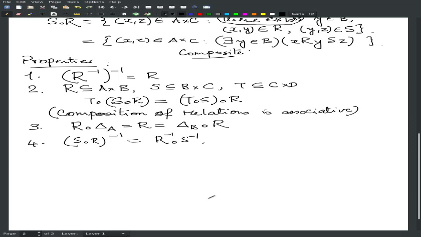How this composite relates with the union and intersection, I have listed them and I have left them for exercise. And next day when we meet, we are going to have some time on your efforts on how you have proceeded with those exercises. Okay? But let's now come to some special kinds of relations.